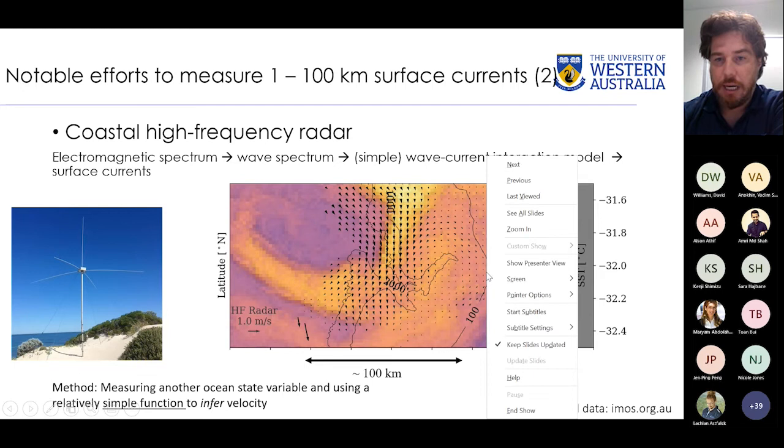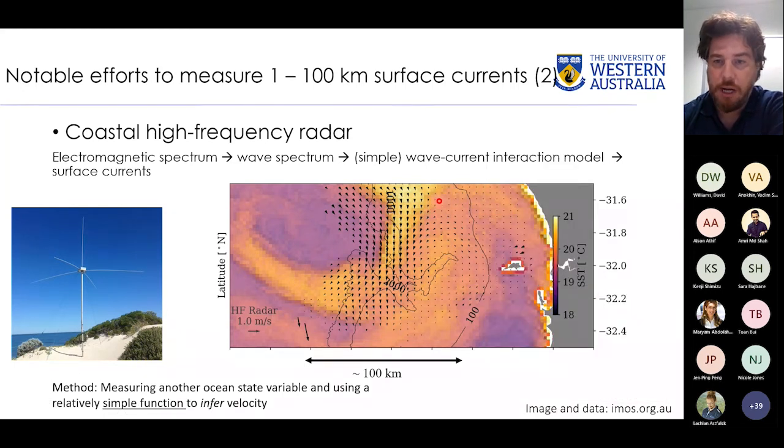On the right here, I'm showing an example snapshot of that data using the Perth radar network from IMOS. I've overlaid the currents on the sea surface temperature, so you can see there's this warm core of the Leeuwin Current flowing down to the Perth Canyon, and this eddy shedding off.